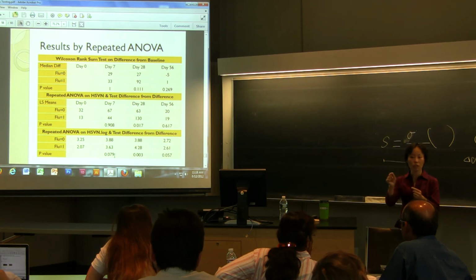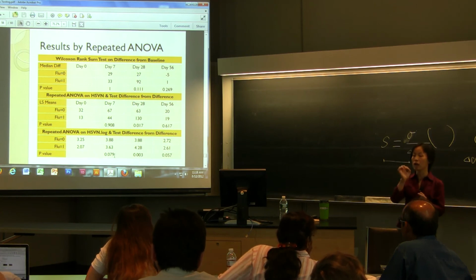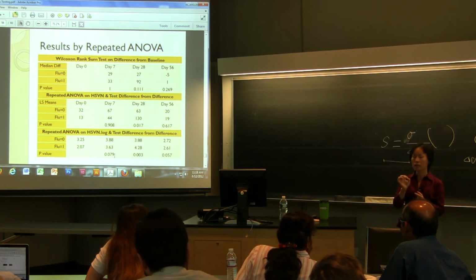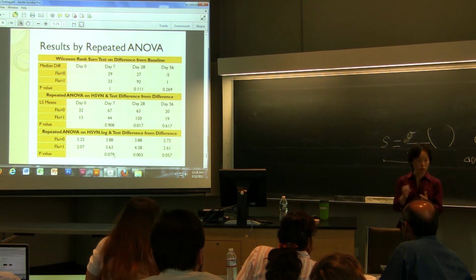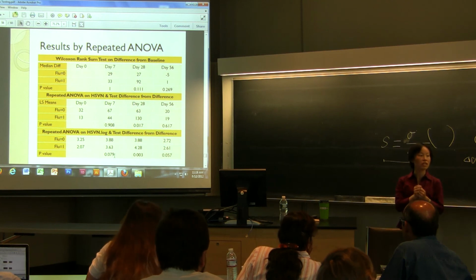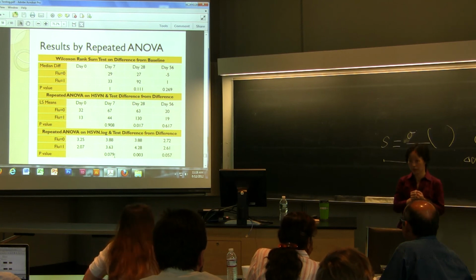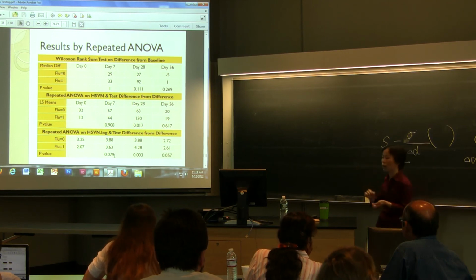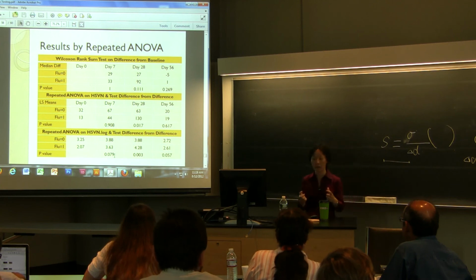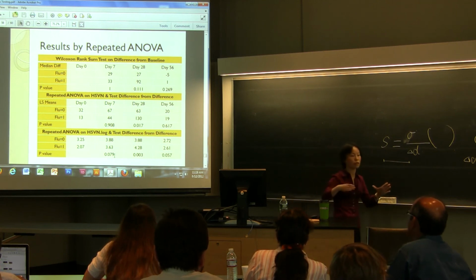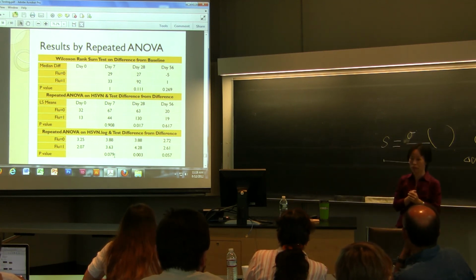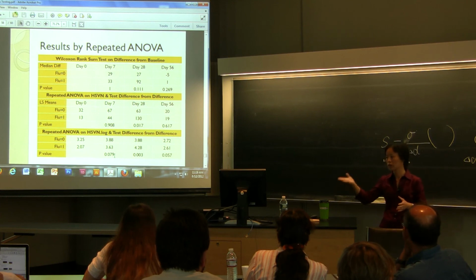The idea for statistical tests is to take account of as much variability as possible, because all statistical tests are against unexplained variability. So with repeated ANOVA, we take account of the within-subject variability, and we also transform the data to look more like a normal distribution. It's more powerful, and that's the reason the conclusions are different.